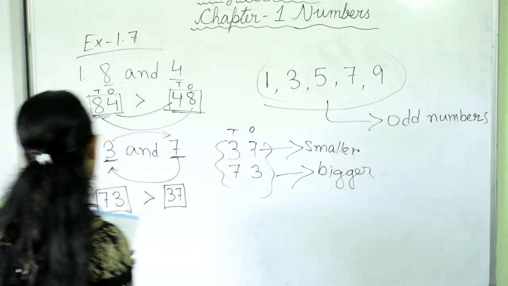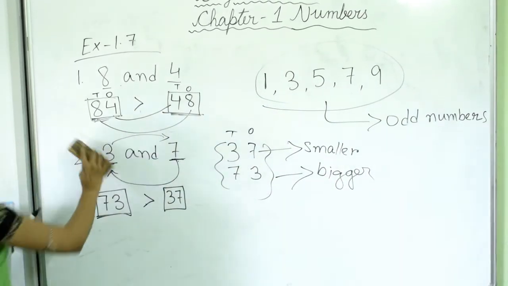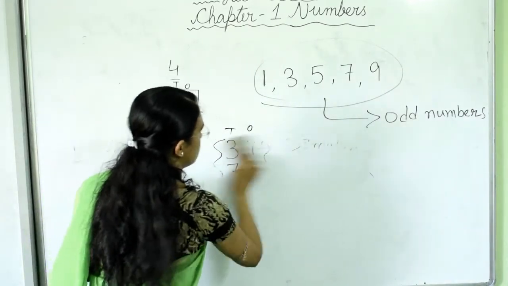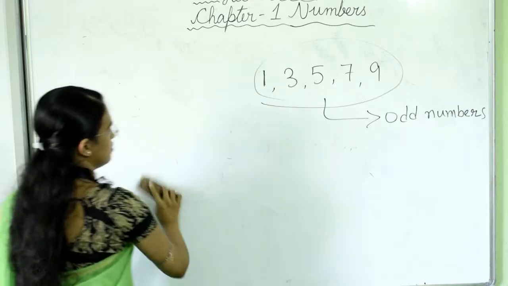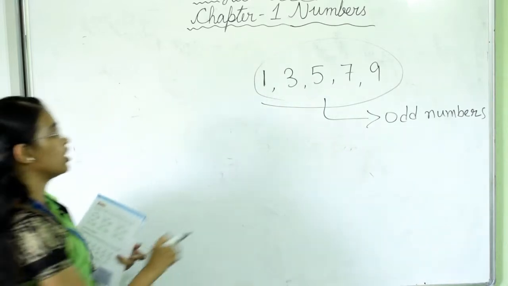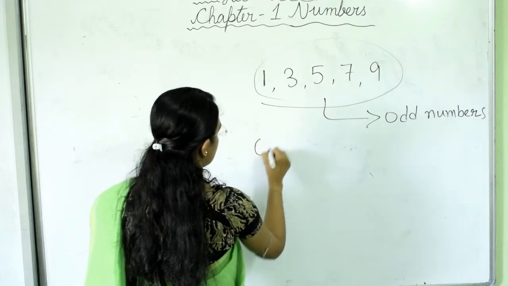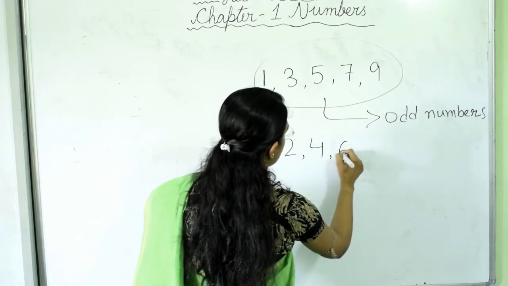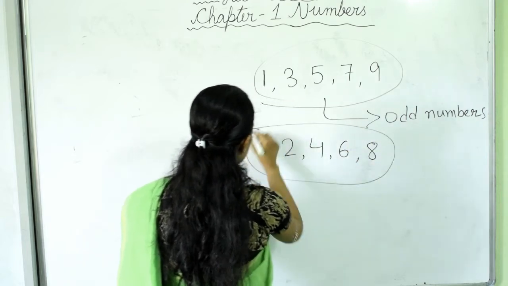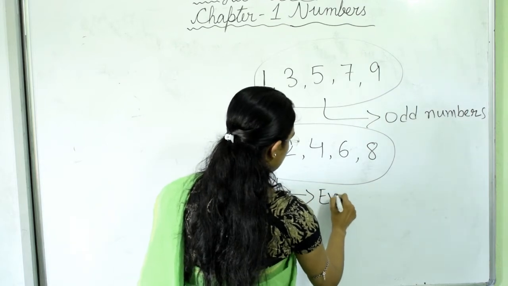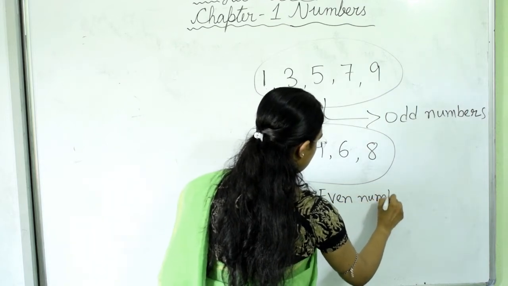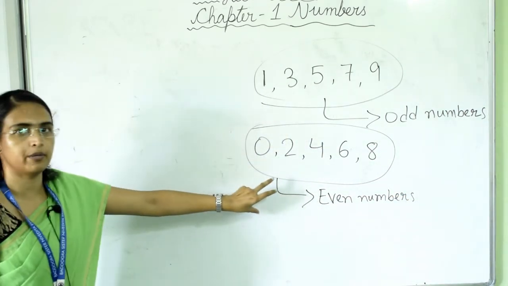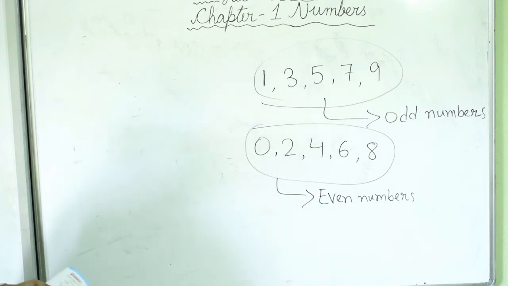Okay, and what are even numbers? Even numbers are 0, 2, 4, 6, 8. Even numbers are those which we can make pairs of, like socks.